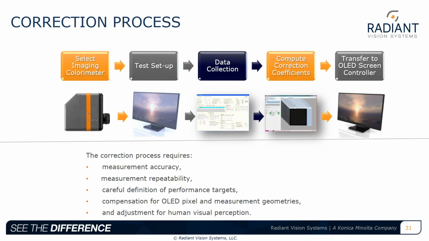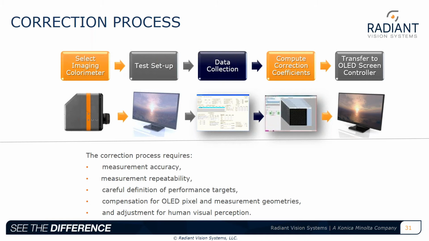The requirements for the Demura station on the line include a measurement system, which we have already introduced to be a Radiant imaging colorimeter or imaging photometer, measurement software, a calculation of a correction coefficient, which we'll discuss in a second, and then transferring this data to the OLED screen controller.